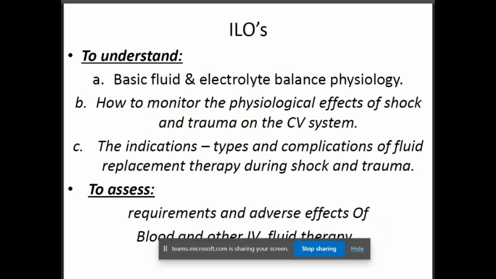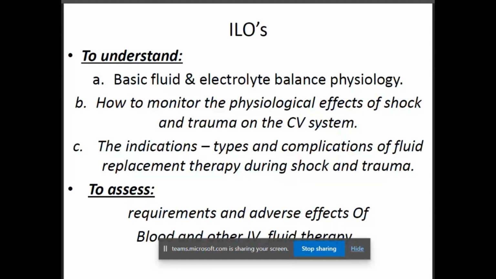Okay, so specifically for this course, you're going to need to know these learning objectives: basically to understand what is basic fluid and electrolyte balance physiology, know a little bit about how to monitor this physiology and what are the indices that this is working or not.